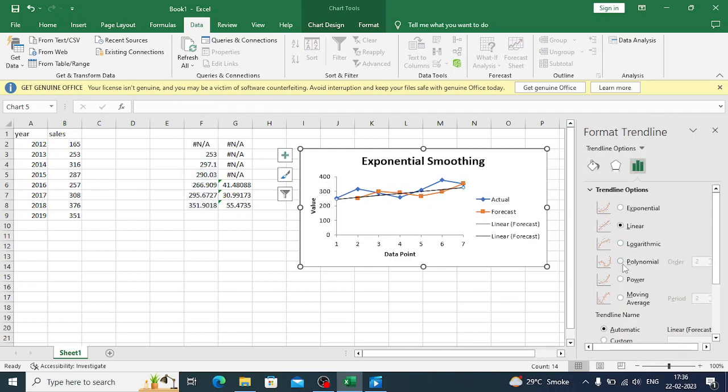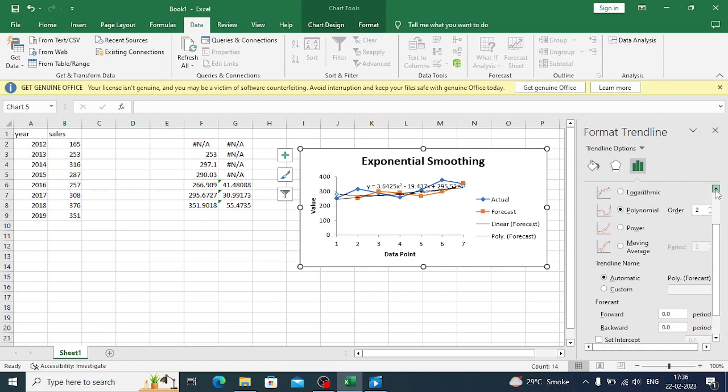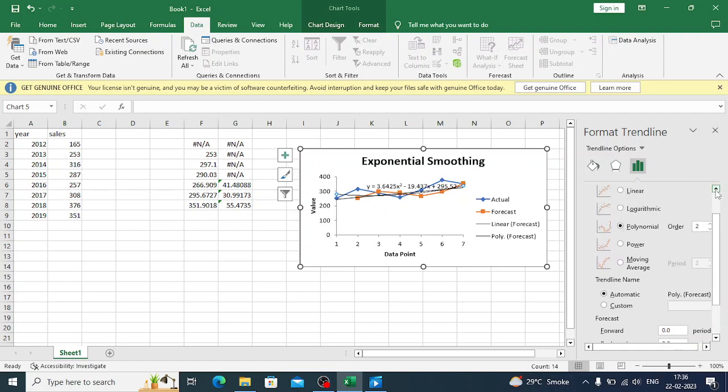Again, go for the polynomial one. Select up to order, which will be first. To select the order you have to display the equation on that chart, as the equation of that order is already defined with order 2. Just raise the order.